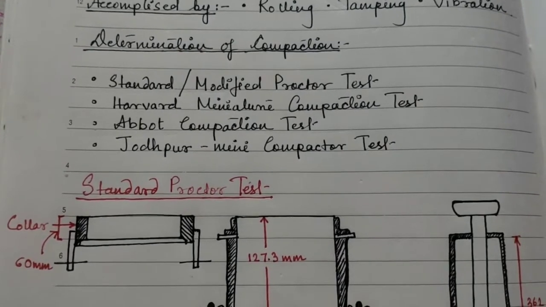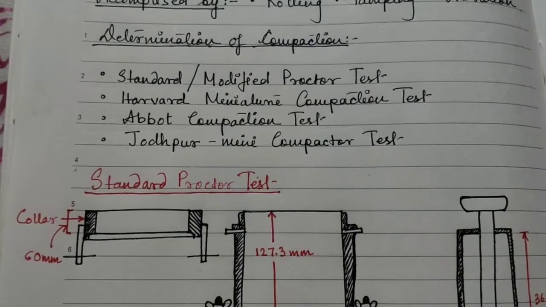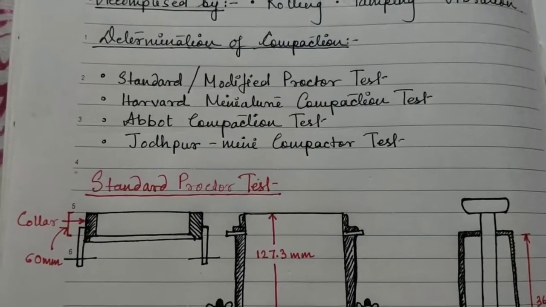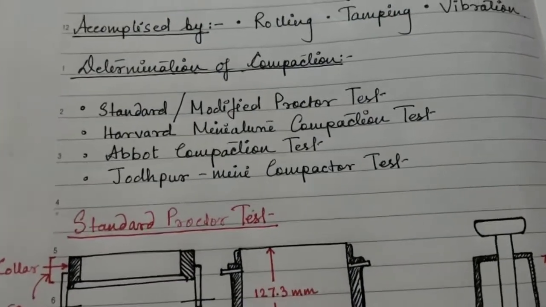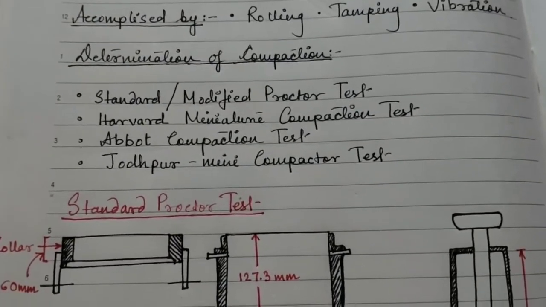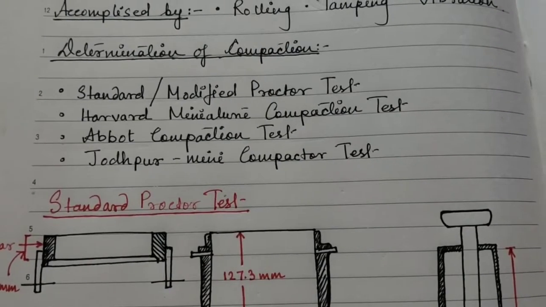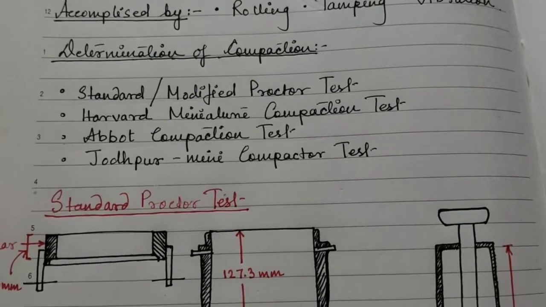Before describing the test, let us go through the factors which mainly govern the compaction or the density. So the main factor which governs the density is water.